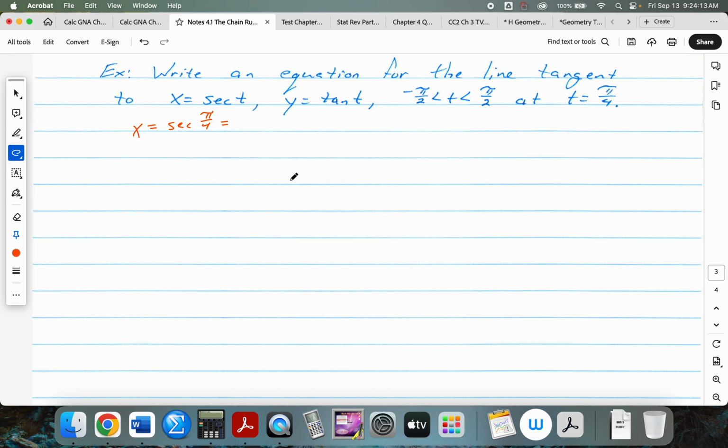Secant is the reciprocal of cosine. So this is going to be 1 over, and what is cosine at pi over 4? Square root of 2 over 2. Yep, square root of 2 over 2. So this is 2 over the square root of 2, which is the square root of 2.